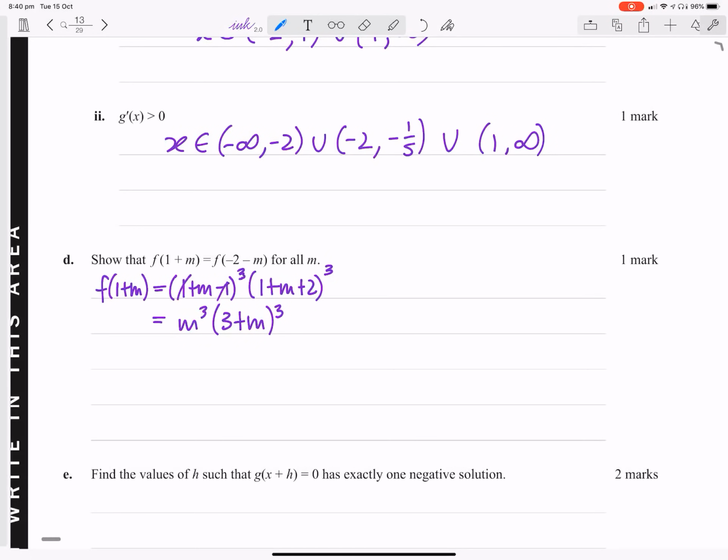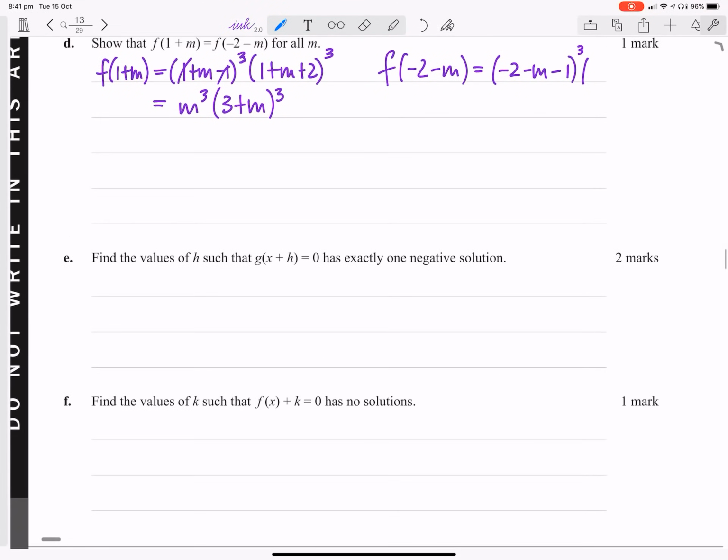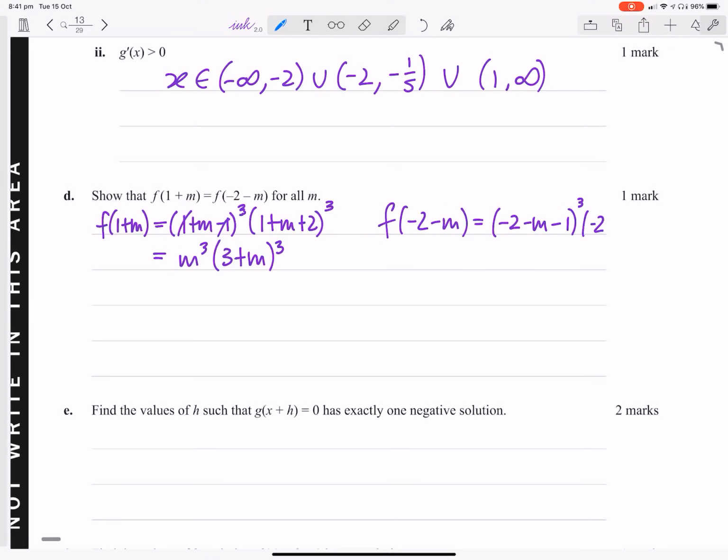You can't do a hell of a lot with that. Then f of negative 2 minus m: negative 2 minus m minus 1 cubed, negative 2 minus m plus 2 cubed. That and that cancel, so we've got negative m cubed.